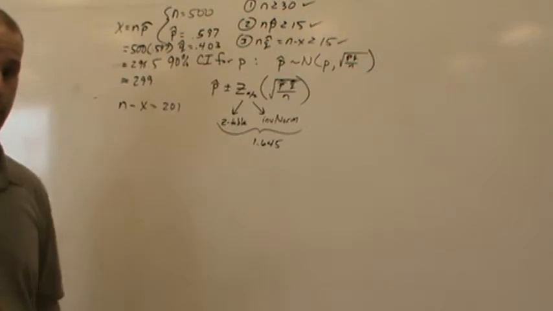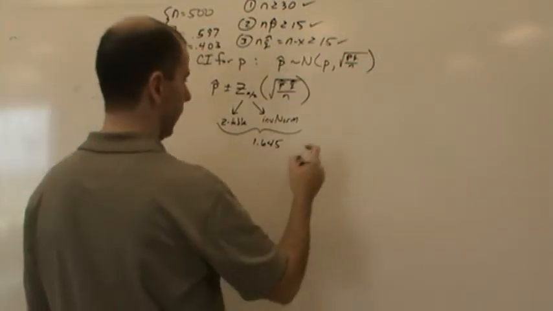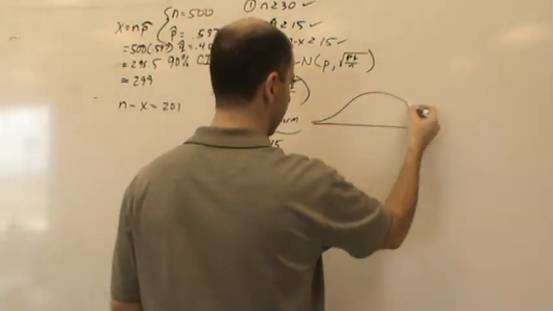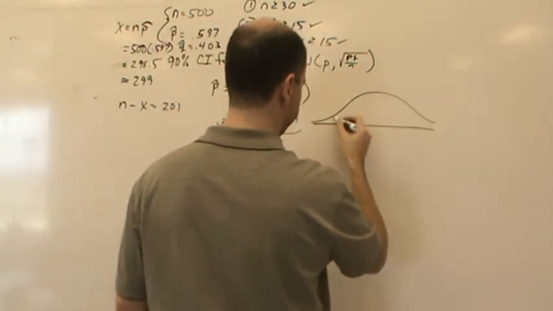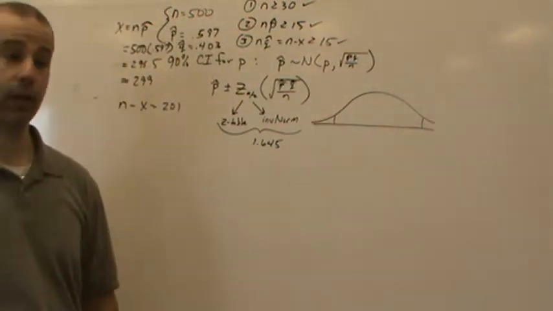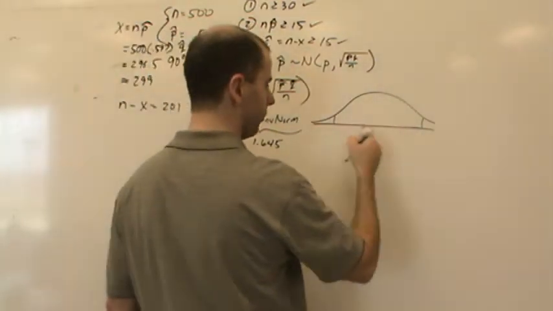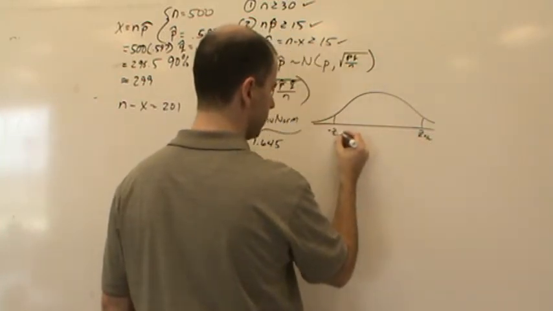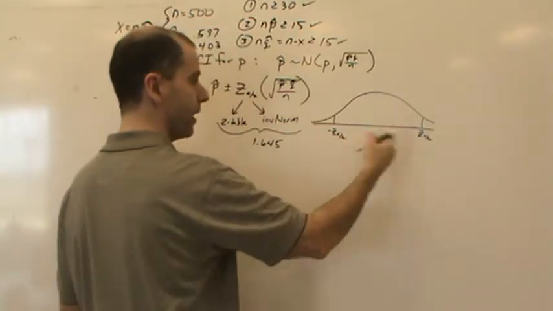Okay, so remember how to use the calculator. Let me just draw the diagram for you guys. The confidence level tells you the middle area between your critical values, right? So this is z alpha divided by 2. This is negative z alpha divided by 2. It's symmetric and bell-shaped.